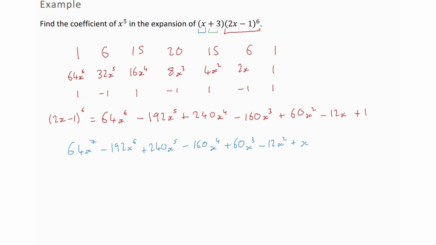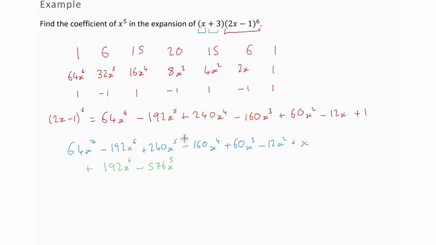And then we're going to multiply everything by 3. So on top of that, we also have plus multiplying this by 3. We're going to have 64 times 3 is 192x to the 6. And we've got the minus 192 times 3 is minus 576x to the 5.